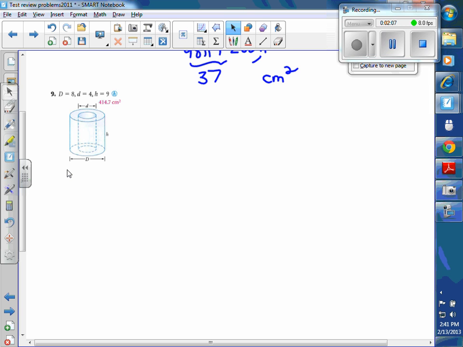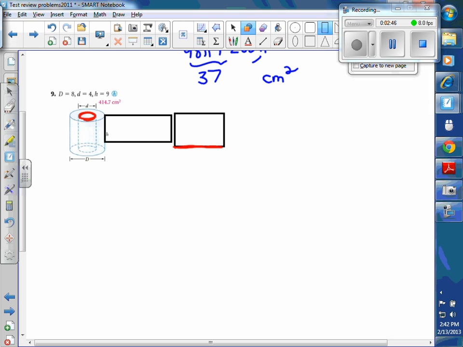Okay? So for this one, you have like this little cylinder inside that it's hollow, but from that little cylinder, you have a rectangle that's the height of this. So this red distance around is the circumference here, right? And then you have another rectangle that is this height, and it's longer because it has a longer distance to go, same height.